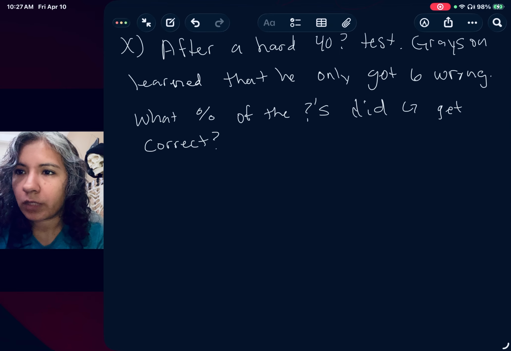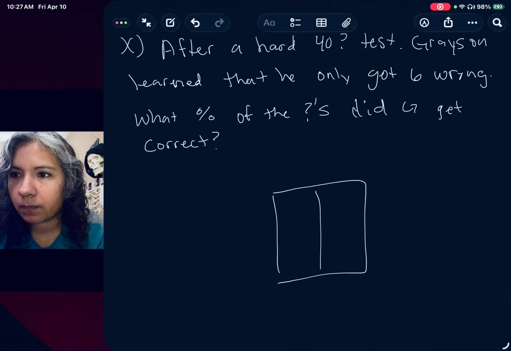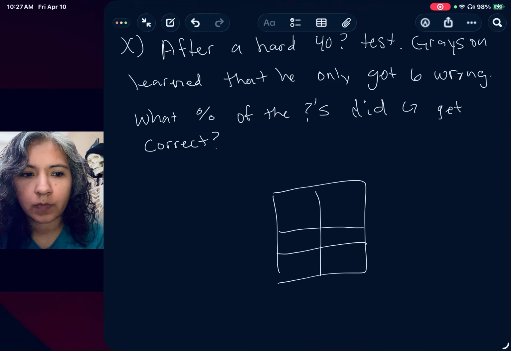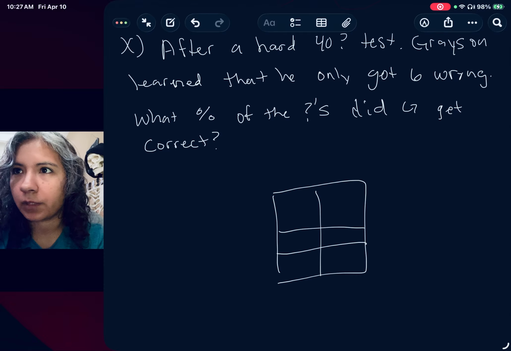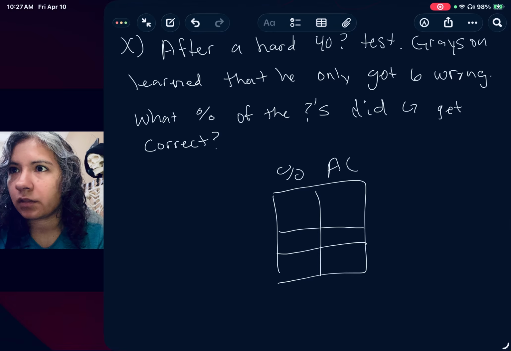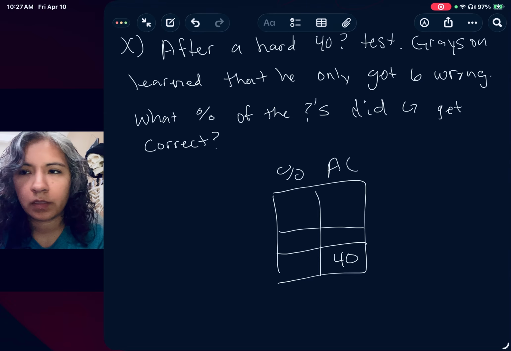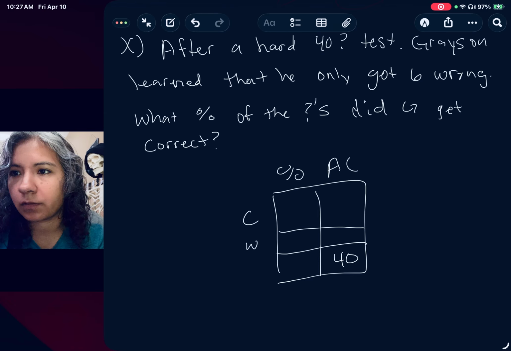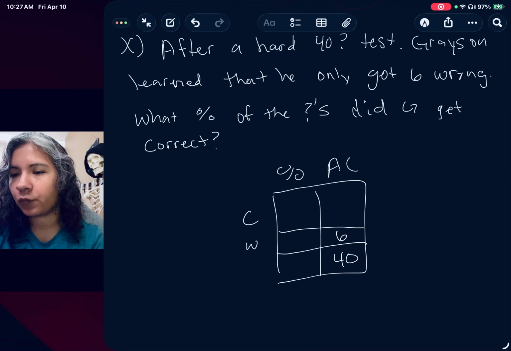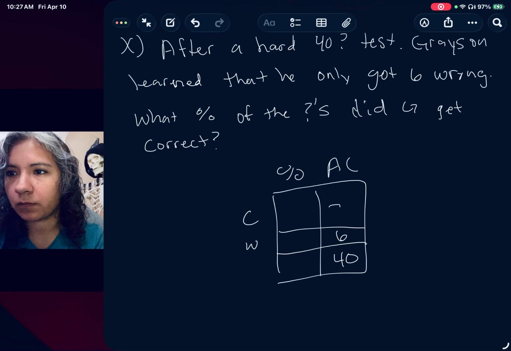So let's do a ratio box to get the answer. Okay, so we know that the total, well here, actual count, percent, the total number of questions was 40. And so these were the wrong, these were correct. He got 6 wrong. So 40 minus 6 is 34, right?